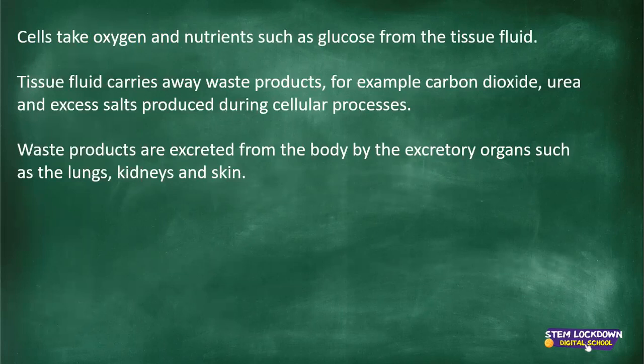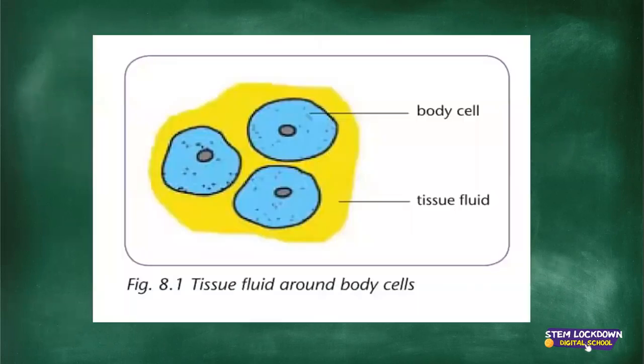Waste products are excreted from the body by the excretory organs such as the lungs, kidneys, and skin. You know that those are the excretory organs, right? The lungs are responsible for giving out carbon dioxide, the kidneys are involved in the urea process, and through the skin, by sweat, you can release waste products.